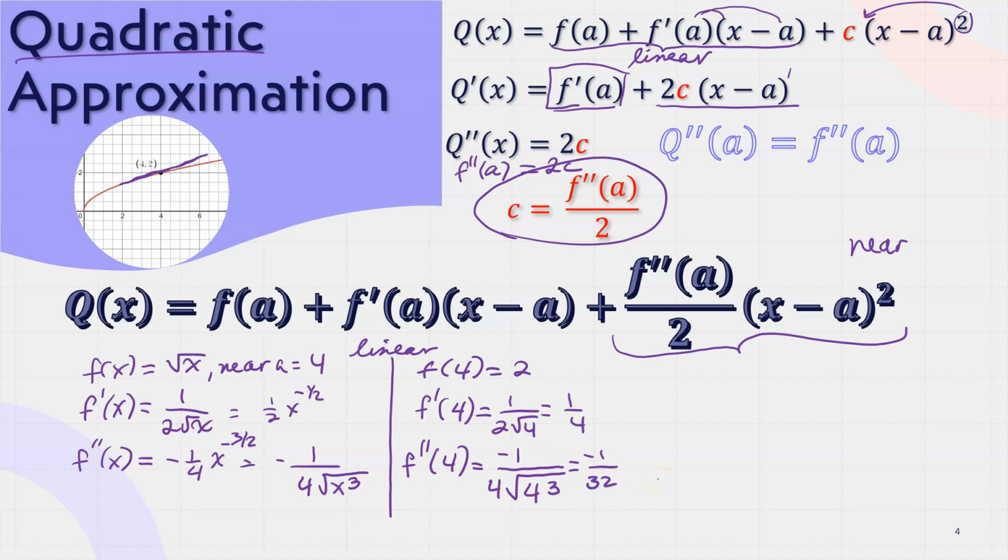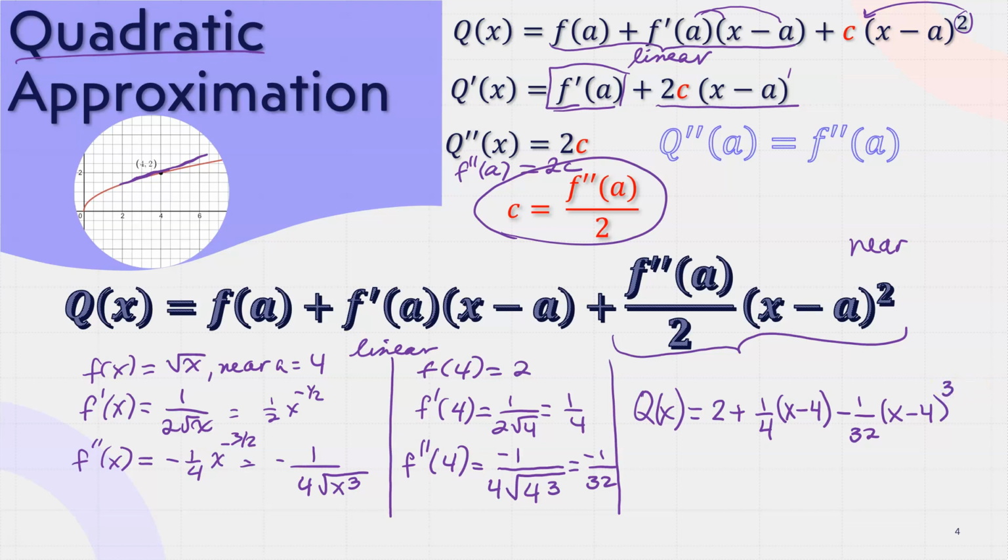So the quadratic approximation of square root of x is going to equal 2 plus 1 over 4 times x minus 4, minus 1 over 32 times x minus 4 to the third power.